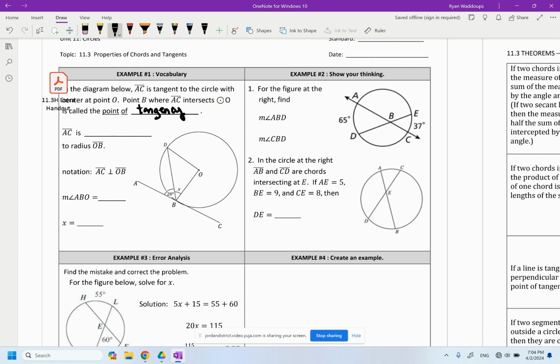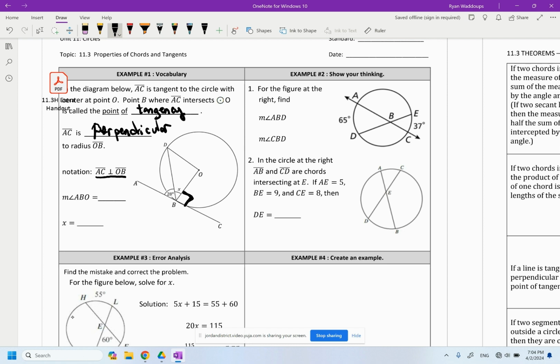So AC is perpendicular to radius OB. What that means is this is a 90-degree angle. This is 90 degrees here. On the other side would also be 90 degrees. The notation for that is that AC is perpendicular to OB. That's how we would read this: segment AC is perpendicular to segment OB.